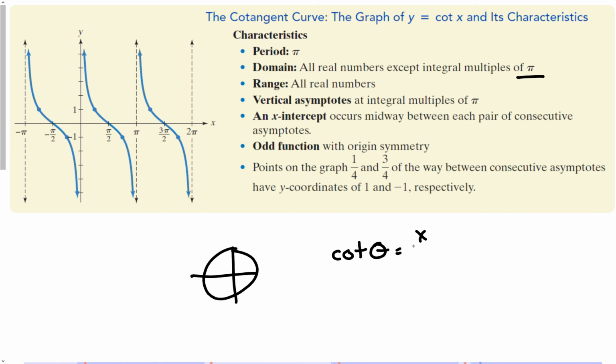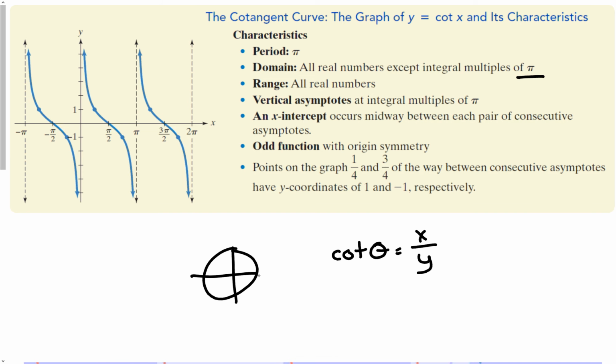So instead of y over x, it's x over y. So here's where y is equal to 0. So that is where the cotangent is undefined. So it's undefined at 0 and pi. So that's slightly different than what we're doing with the tangent function.